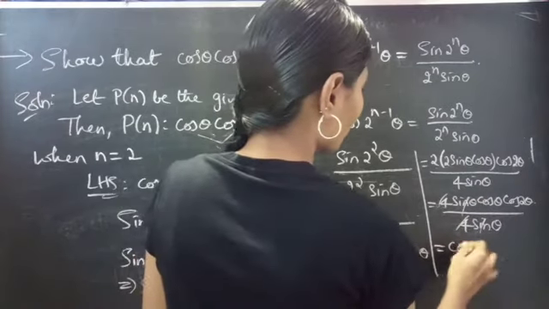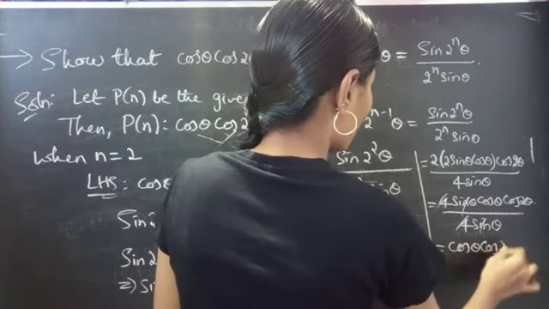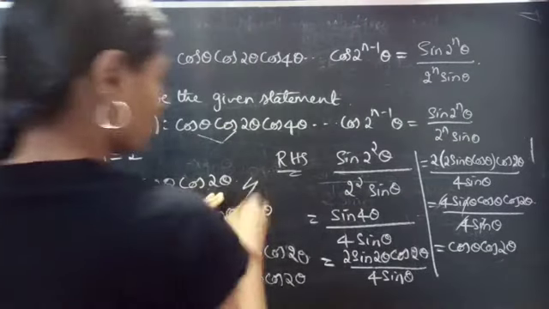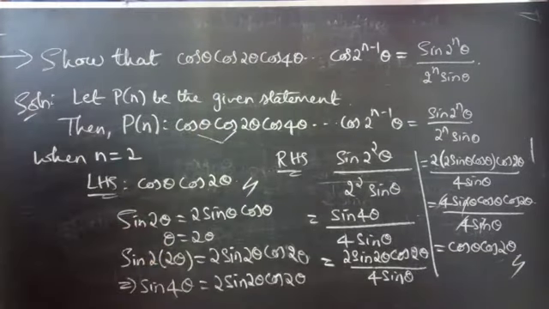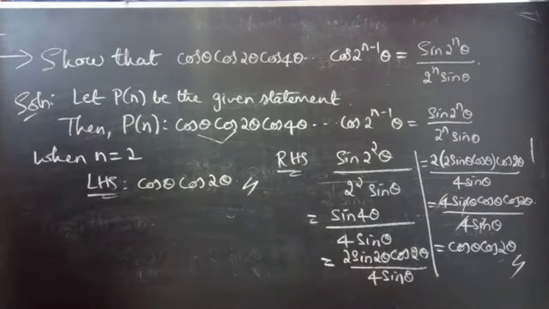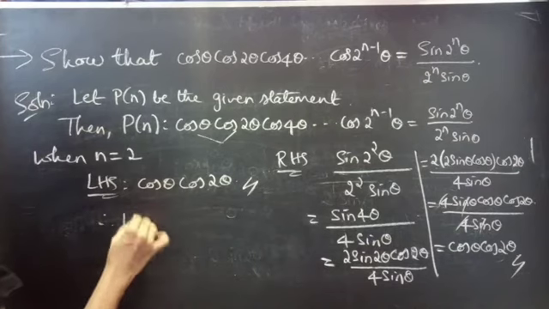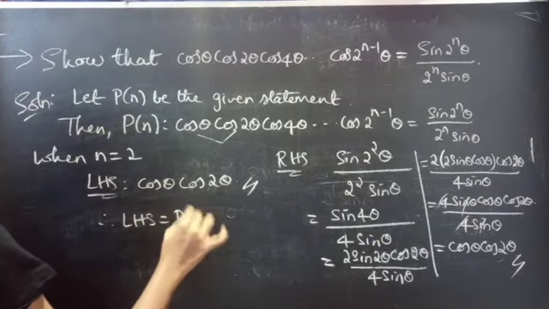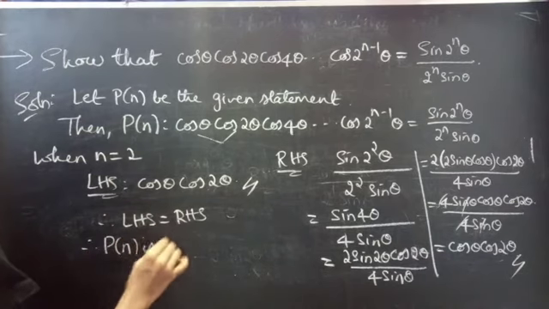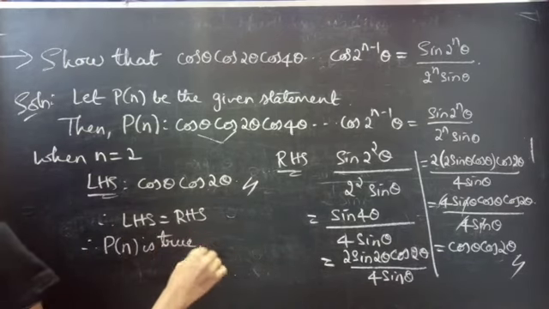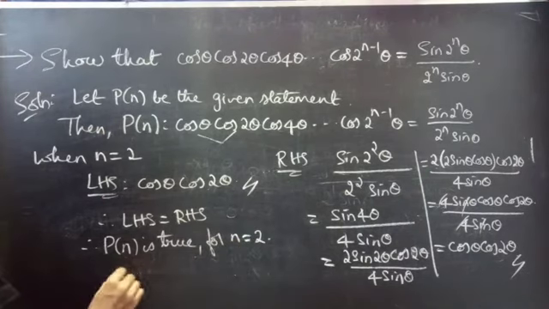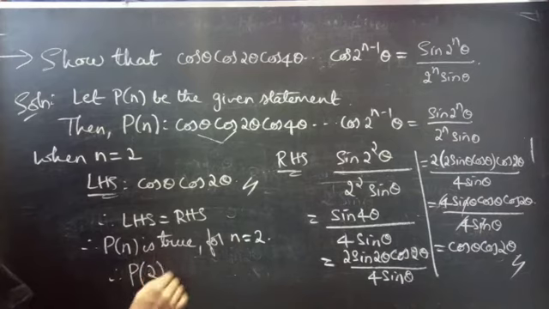This is equals to cos theta into cos 2 theta. So here LHS equals RHS, cos theta into cos 2 theta. Therefore, LHS equals RHS. From this we can say that P of n is true for n equals 2, that is, P of 2 is true.